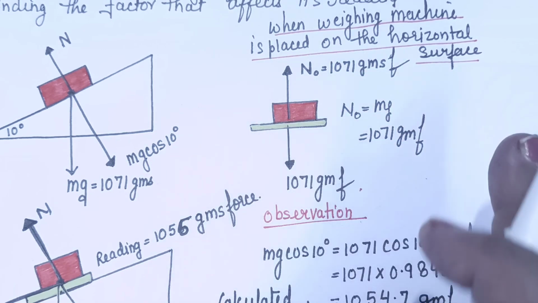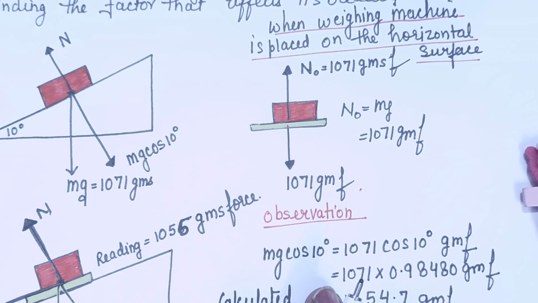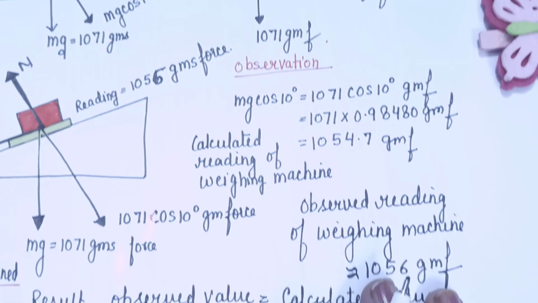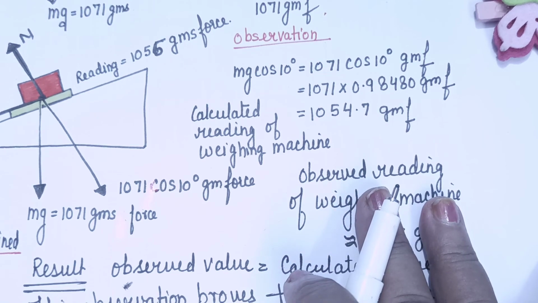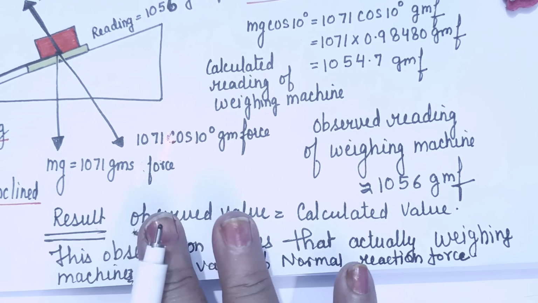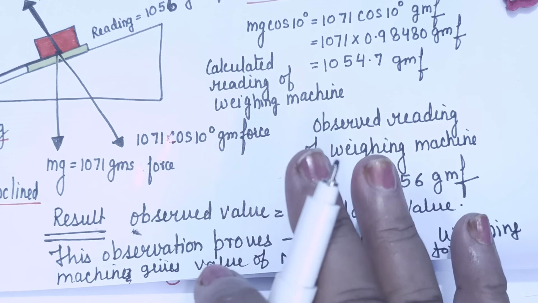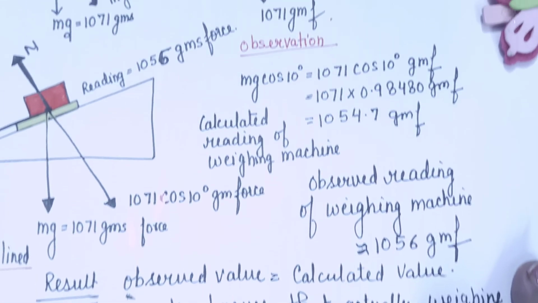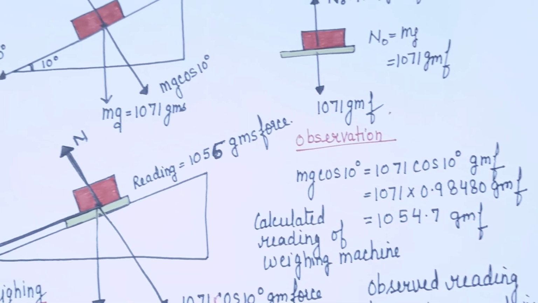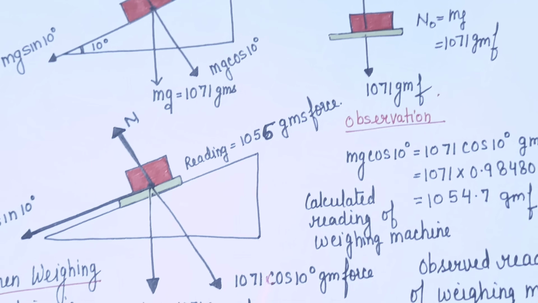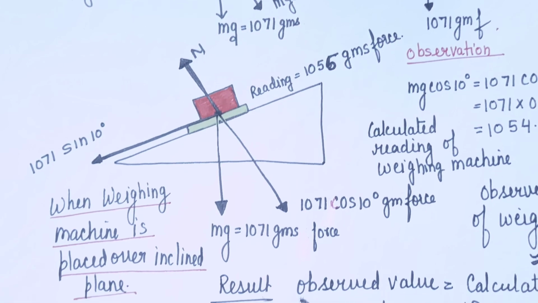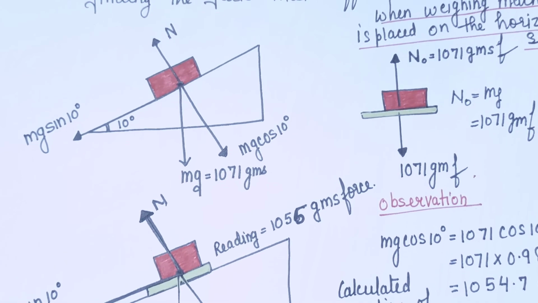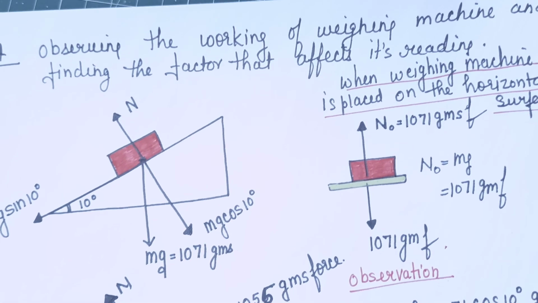Then on the right page you are supposed to write the object, then the observation, the calculated value and the observed value, and then the result. So you just have to write three headings: object, observation and result. You can pause the video and note down all the diagrams and the readings.